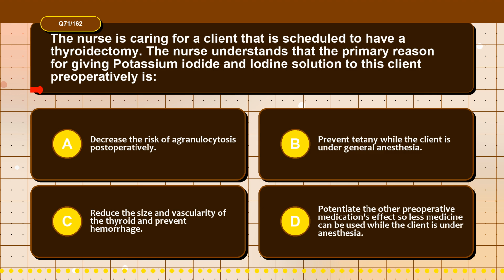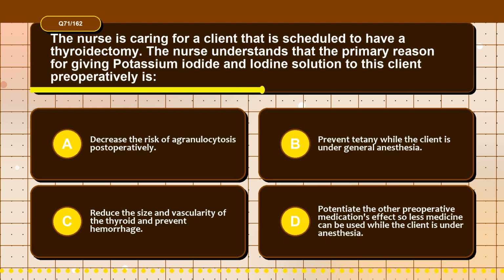Question 71. The nurse is caring for a client that is scheduled to have a thyroidectomy. The nurse understands that the primary reason for giving potassium iodide and iodine solution to this client preoperatively is, here are the options. Option A. Decrease the risk of agranulocytosis postoperatively.